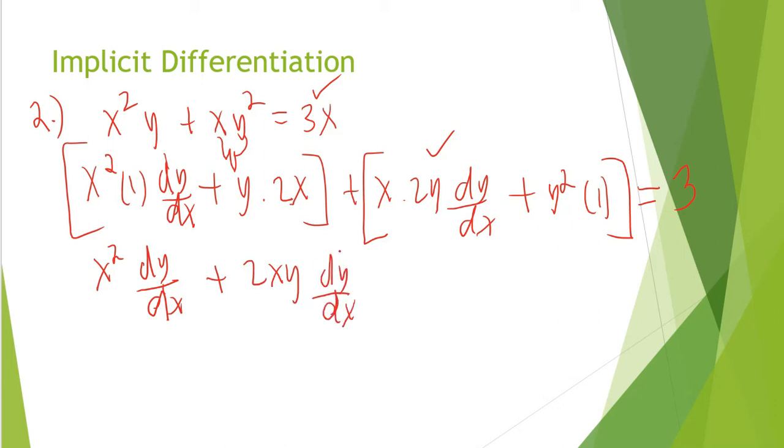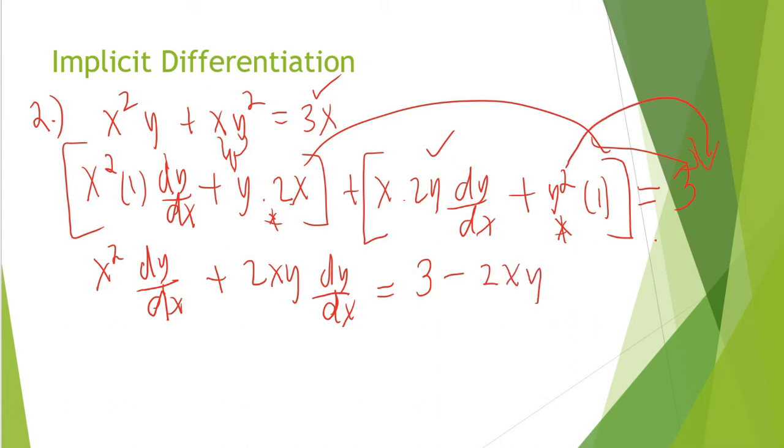So, those are the ones with dy over dx. These two, this one and this one, we transfer to the other side. We have equal to 3. This one to the other side is negative 2xy. And then this one to the other side is negative y squared.